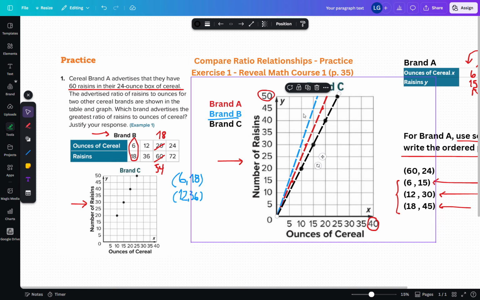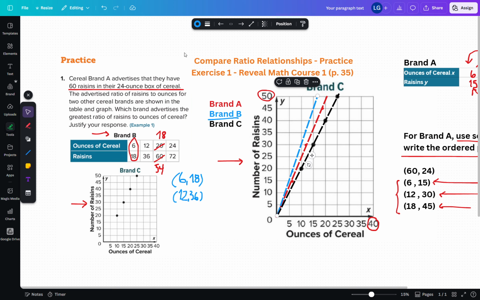So that should be the brand B because it's the steepest. So now you can see that when we have a single graph, we can represent the three brands, and the steepest line is going to represent the brand with the greatest ratio of raisins to ounces of cereal, and that is brand B.